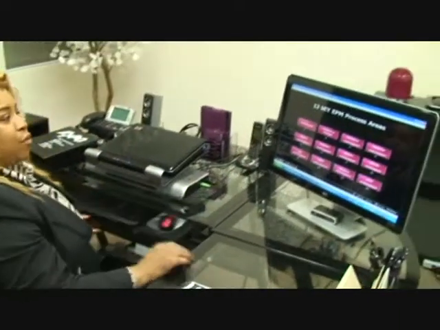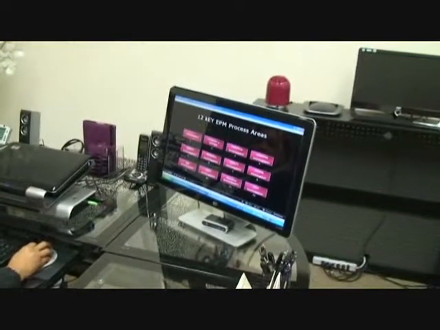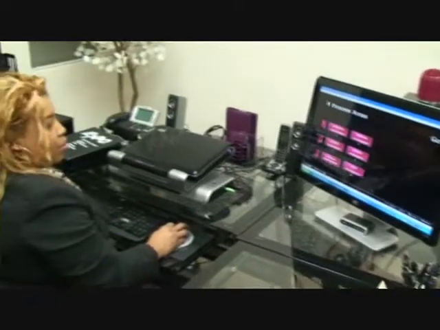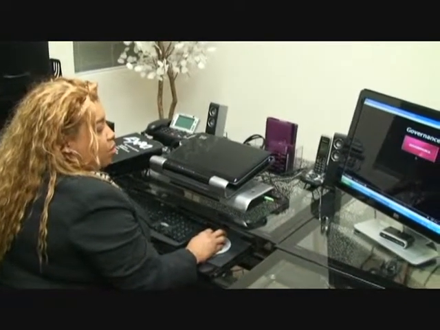Or if you need a full PMO, we'll be able to build that for you. So we're taking a look at the fact that you may have an EPM in place. If you do have an EPM in place, let's make sure that you have all the processes that you need. And that's what we're going to do for you. Ensure that you have those processes. So let's take a look at some things here. What I'm going to do is take a look at some other items that we have on the board that will give you an idea of how things are going to work.